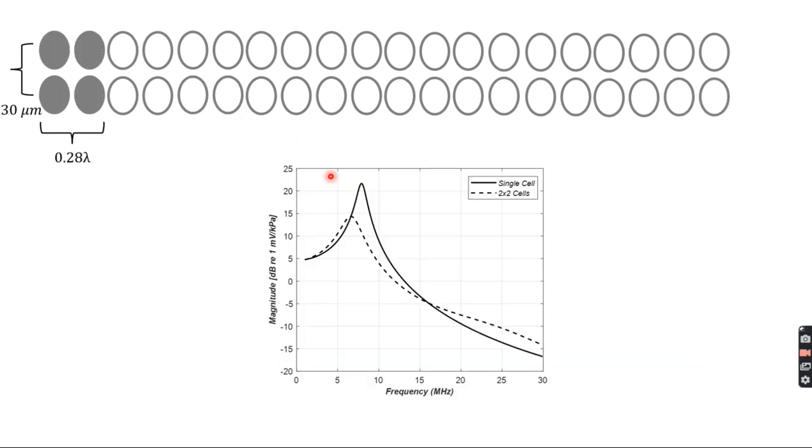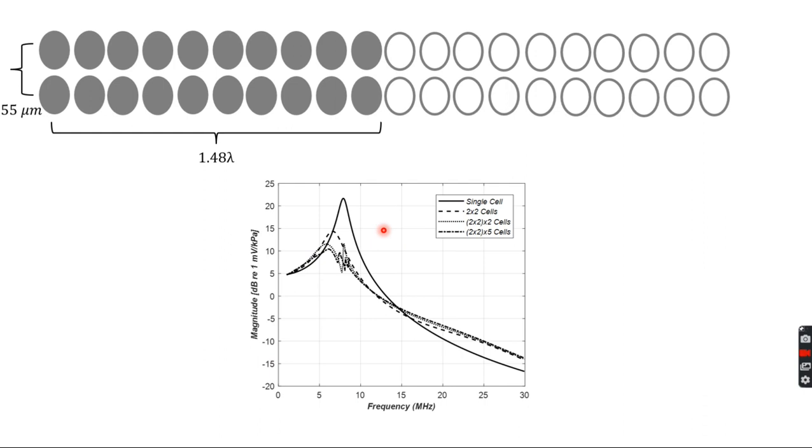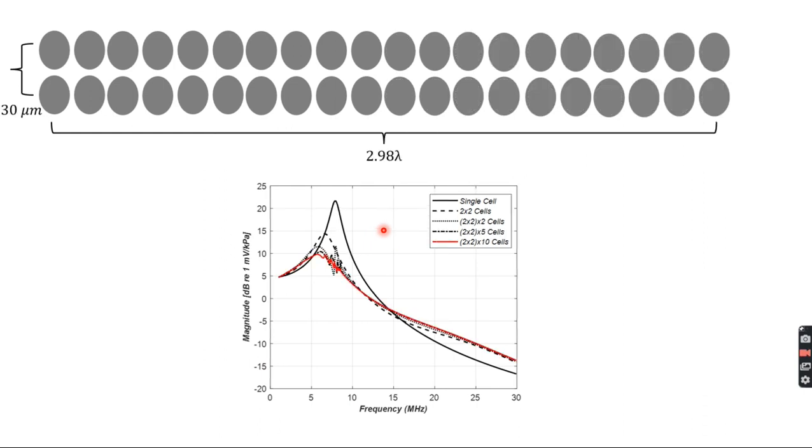But what happens is that as you go on increasing the number of cells and elements, the cross coupling and the crosstalk between the CMUT elements becomes quite prominent, and it doesn't go away with increasing number of cells. If you use small cells to pack a large number of CMUT elements, it doesn't go away, and it severely limits the bandwidth for a very large number of cells.